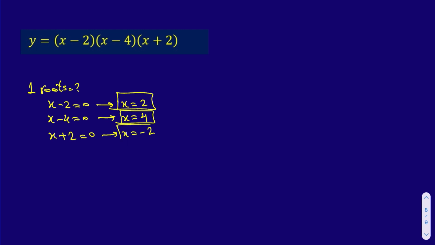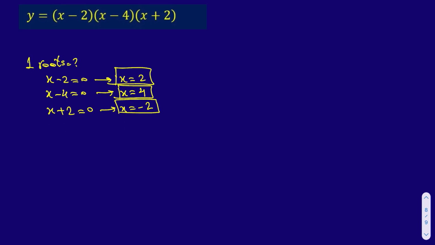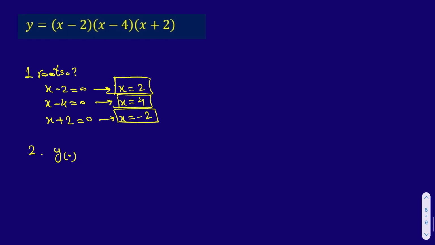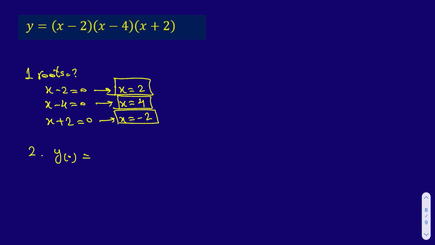That means at these points, the curve will intercept the x-axis. But we also need to know where it intercepts the y-axis. And in this case, we need to find y0. So y0 means we need to put the value of x as 0 here. 0 minus 2 times 0 minus 4 times 0 plus 2.